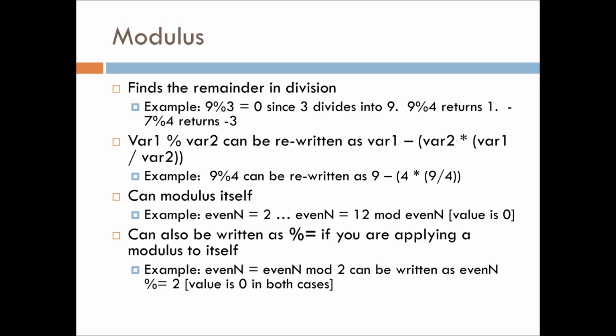And this is the confusing part. You can write it as mod equals. So even number equals even number mod 2 can be written as even number mod equals 2. Which, since there's no remainder, if we have it equal to 12, it will be 0.